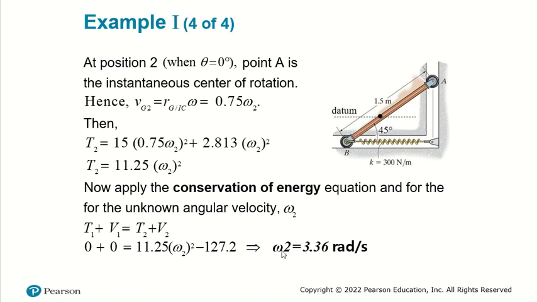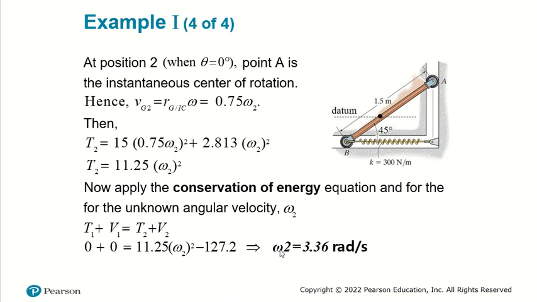When you solve it, you're going to get the omega squared is 3.36. Sorry, this is not a square root. I forgot, he is using the same. This is supposed to be a subscript.